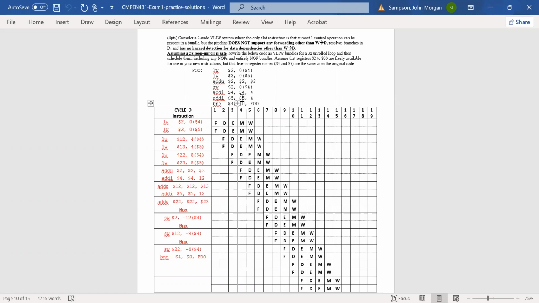This is the earliest I could do this store, so I'd have a pair of no ops. Well, not necessarily. I could do my increments, but there are going to be a couple of instructions in between there. That's the earliest I can do my branch, based on this path here. So in this particular case at least, this doesn't get longer for want of doing the extra work.